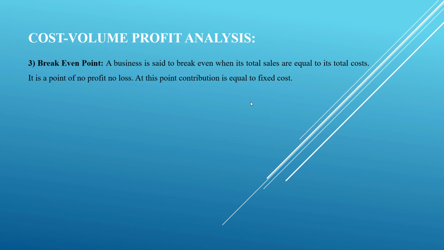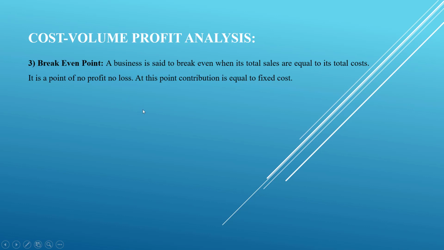If contribution is less than the fixed cost, then we are getting loss, right? So if you don't want any profit, then you should not suffer any kind of loss as well. So the break even point has to be where the contribution is equal to fixed cost. That is known as break even point.